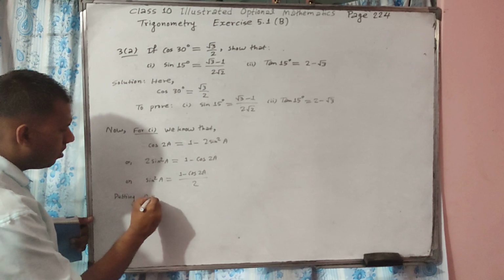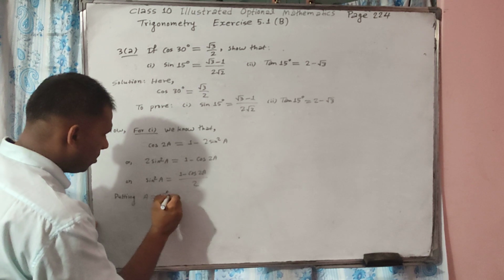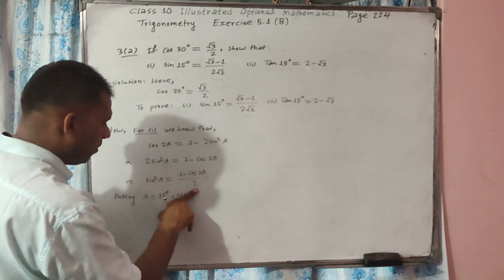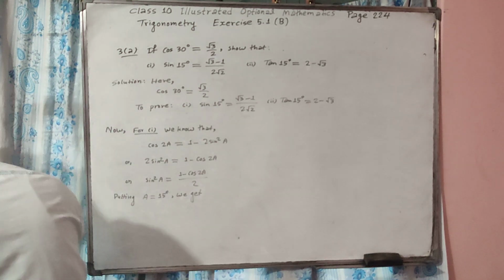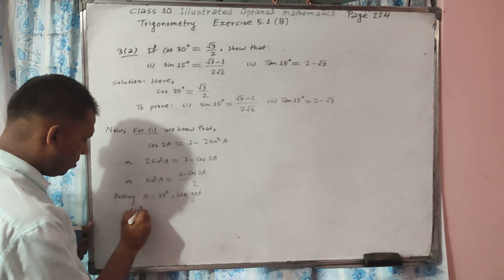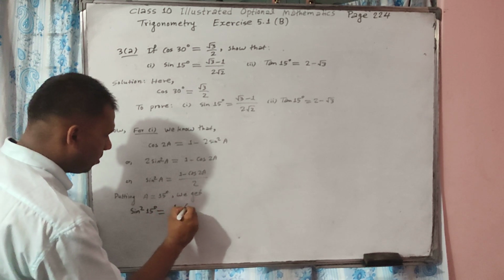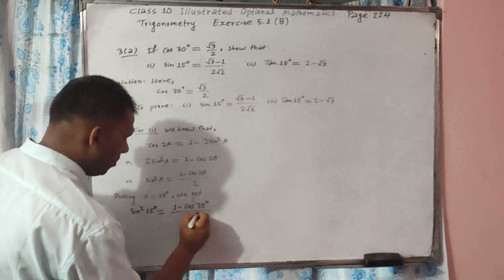Putting A equals 15 degree, we get sin square 15 degree equals 1 minus cos 2 into 15, that is 30 degree, all upon 2.